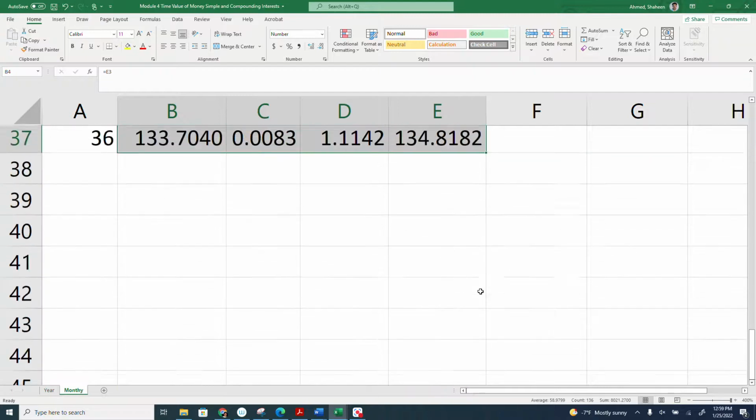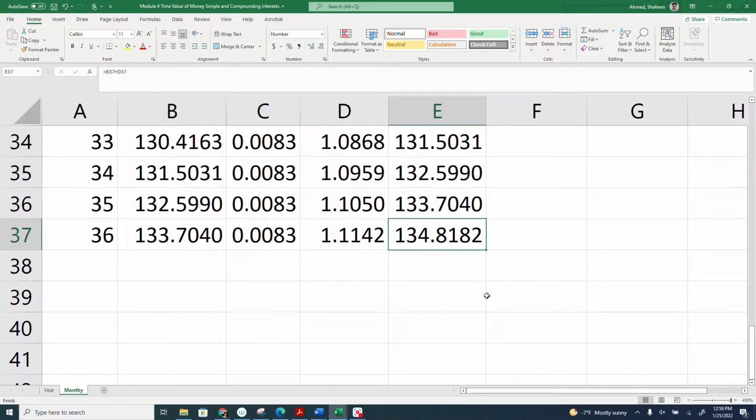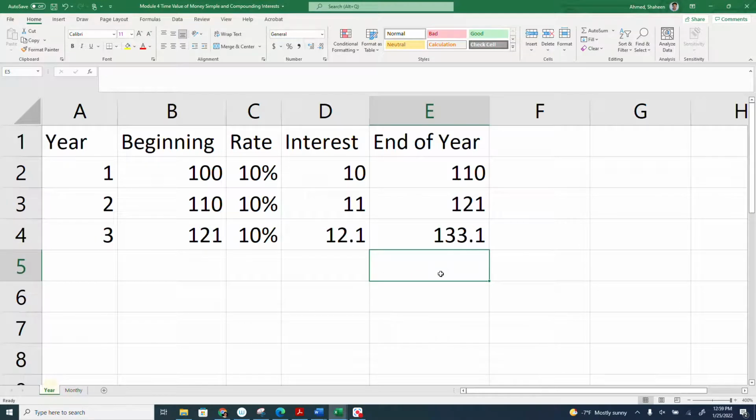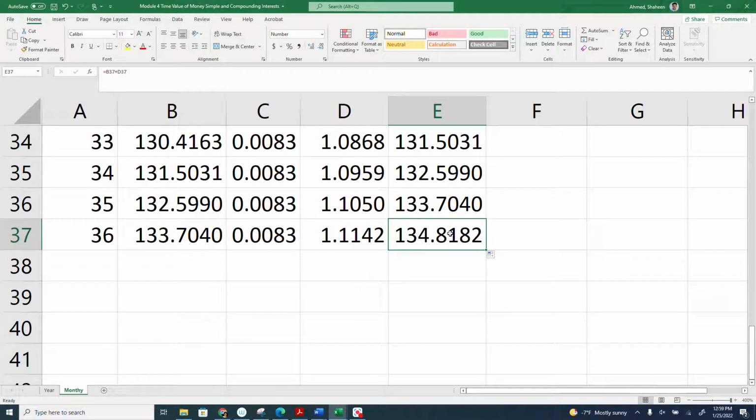Now here you'll be paying $134.82. That's okay. So for the yearly compounding, it was only $133, but monthly compounding, it becomes $135 approximately, just $2 more.